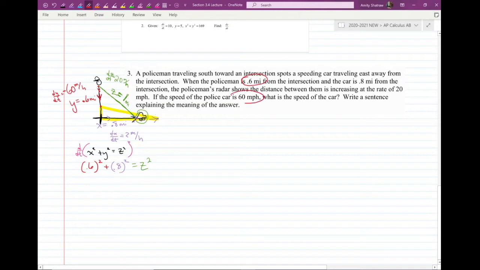And 60 miles per hour, I got that. And then 0.8, I got that. And the distance between them is increasing at a rate of 20. I got that. And what I'm looking for specifically is the speed of the car, and that should be a derivative because we remember that velocity is speed. So I think I've got everything.